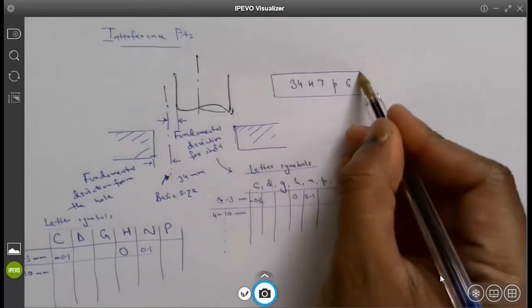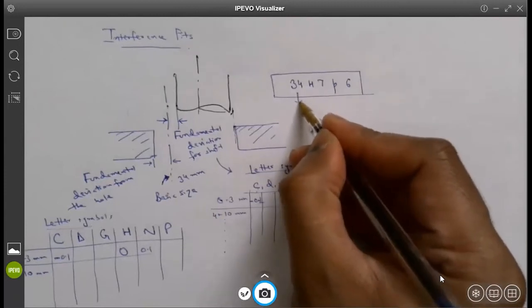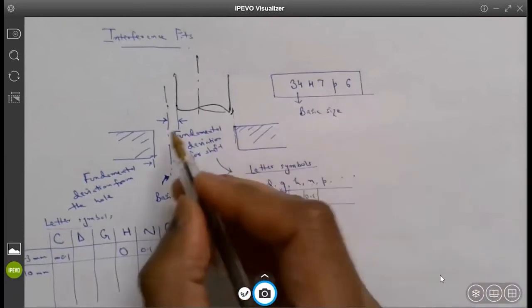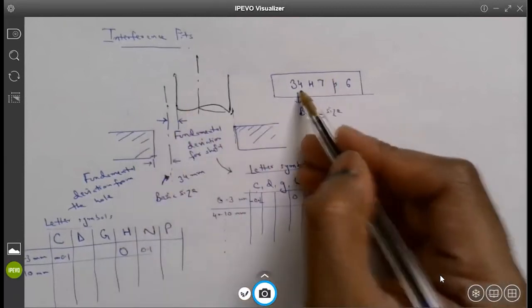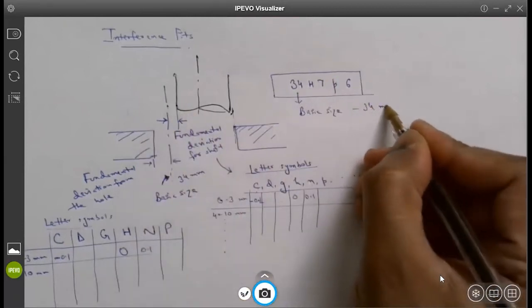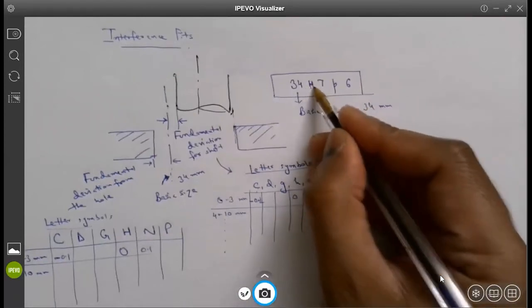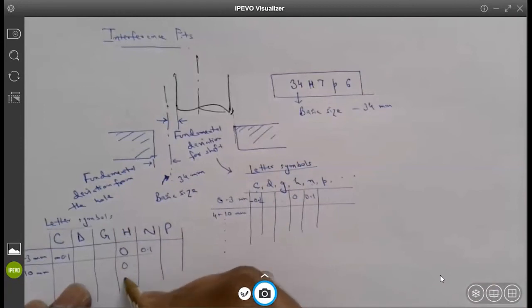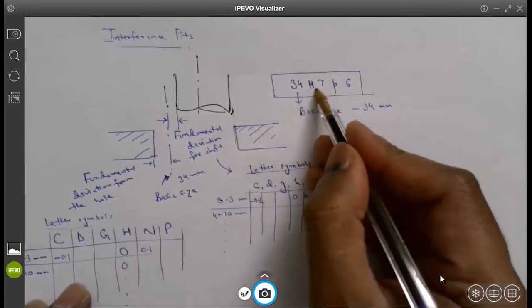What does this basically mean? This 34 is your basic size. It says that my shaft and my hole have a 34 millimeter diameter. Capital H stands for the hole, and the hole has a fundamental deviation of 0.